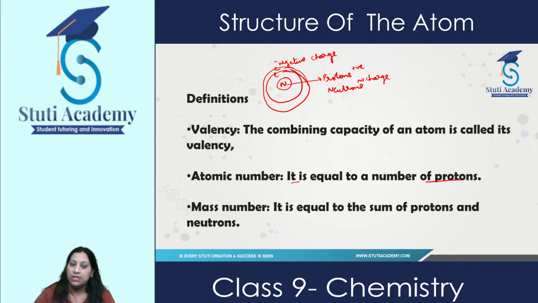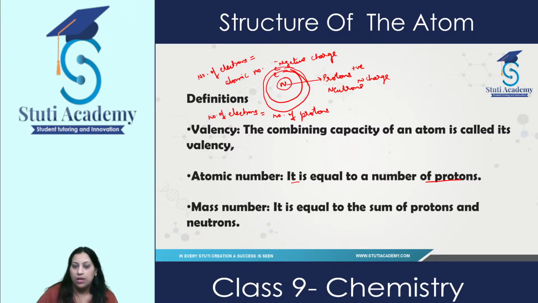So if we are saying the number of electrons is equal to the atomic number, if these two are equal, then the number of electrons equals the number of protons, or we can say the atomic number.